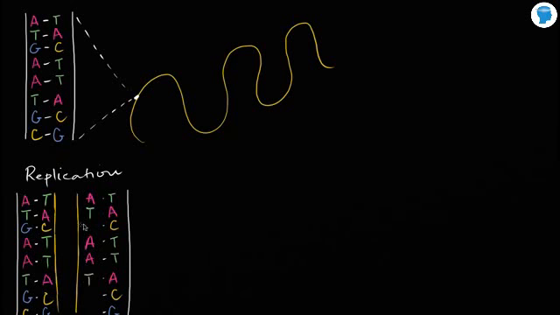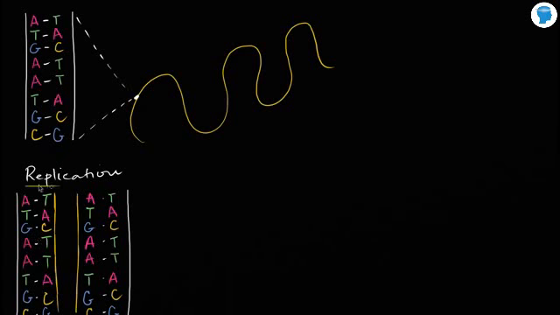Guanine pairs with cytosine. Guanine, and then cytosine pairs with guanine. So cytosine, just like that. And so you can take half of each of this ladder, and then you could use it to construct the other half. And what you've essentially done is you've replicated the actual DNA. And this is actually a conceptual level of how replication is done before a cell divides and the entire cell duplicates itself.